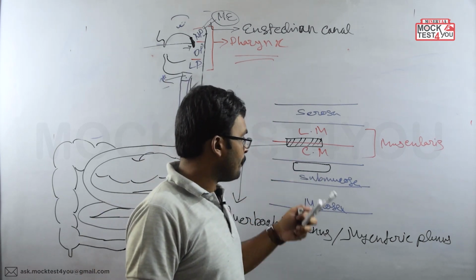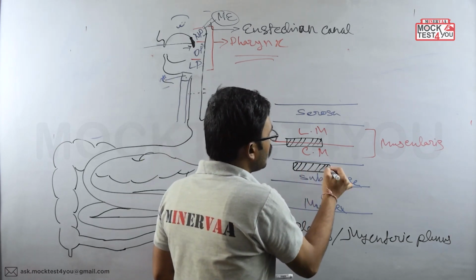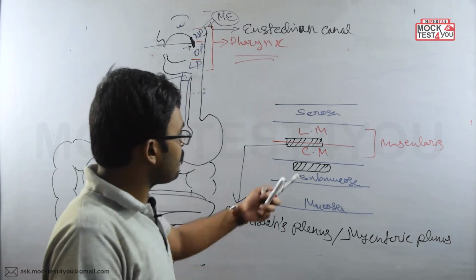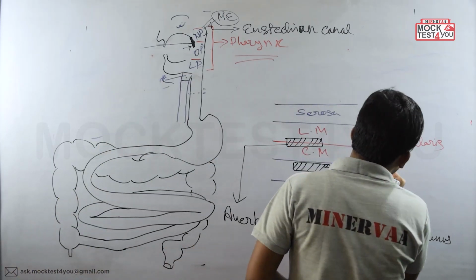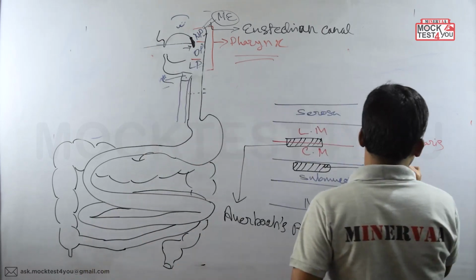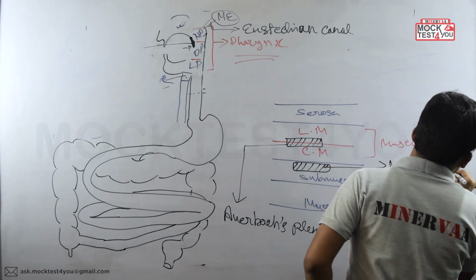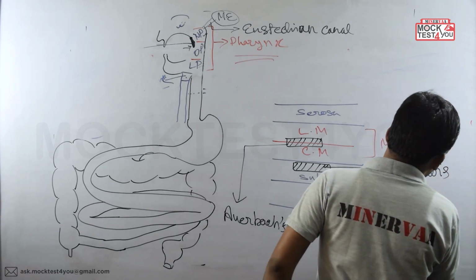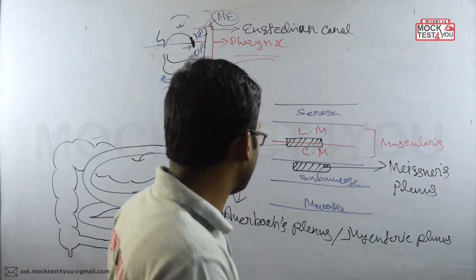In the submucosa we are getting another plexus of nerve, and it is called the Meissner's plexus, okay. So these are two types of plexus we are getting over here.